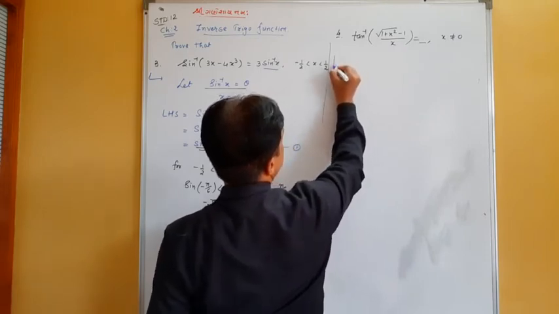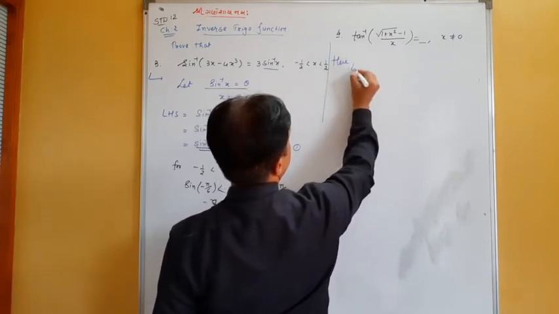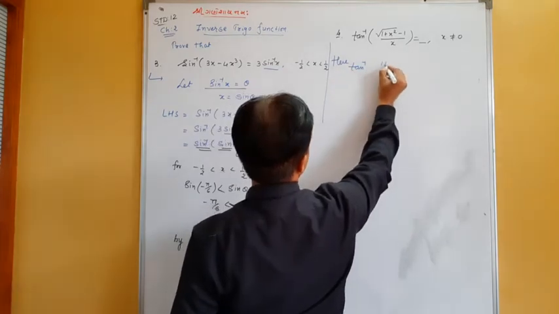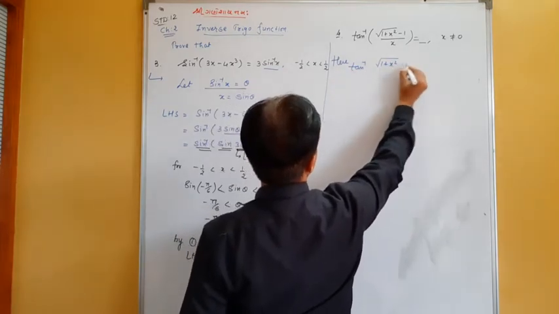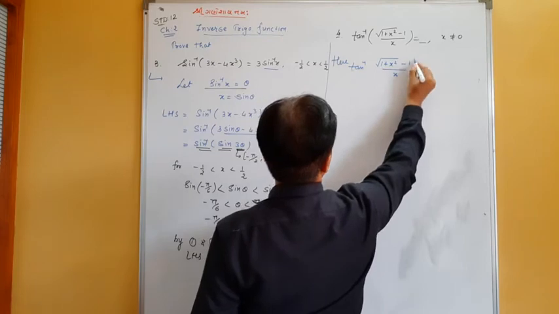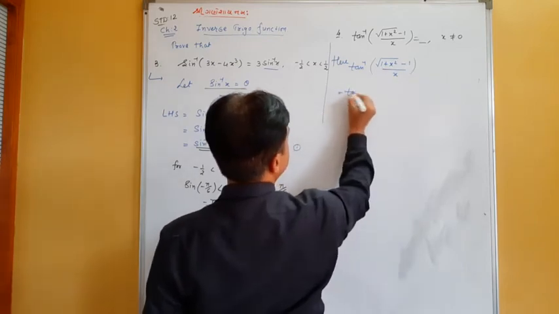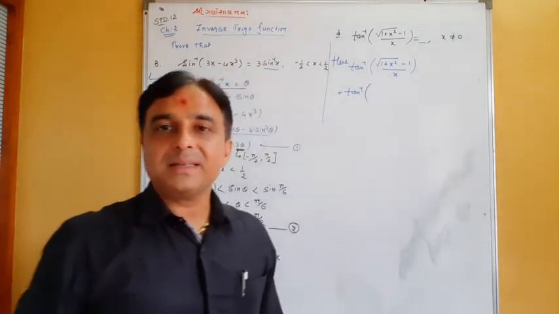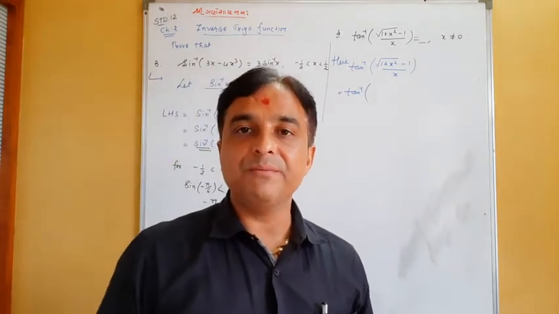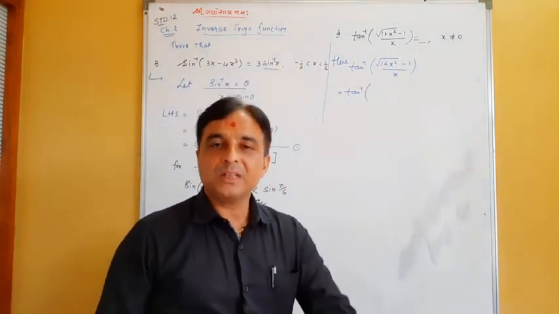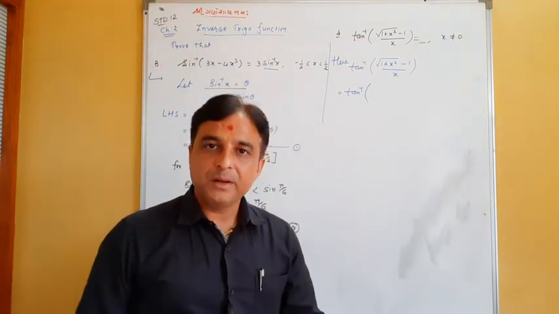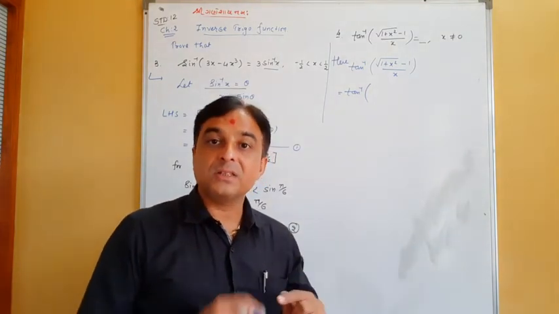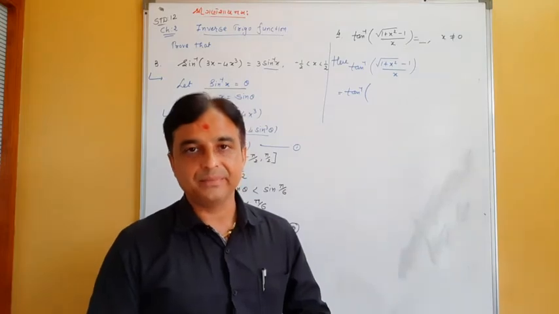So here, tan inverse of (√(1 + x²) - 1)/x. In this type of question we have to assume some value of x, such a value due to which we can simplify it easily.